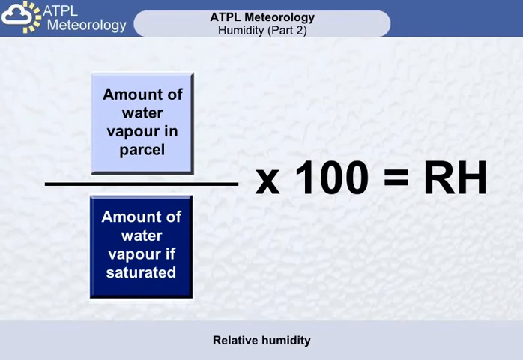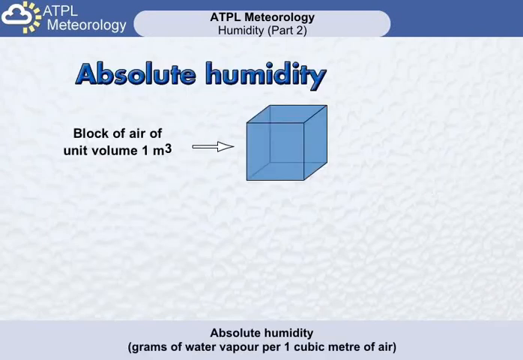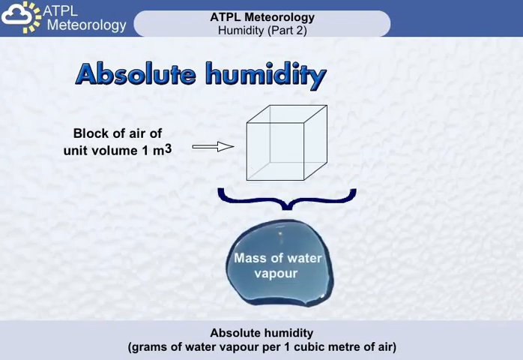A relative humidity of 100% is saturation. Absolute humidity is the mass of water vapor contained in a unit volume of air. It is expressed in terms of grams per meter cubed.